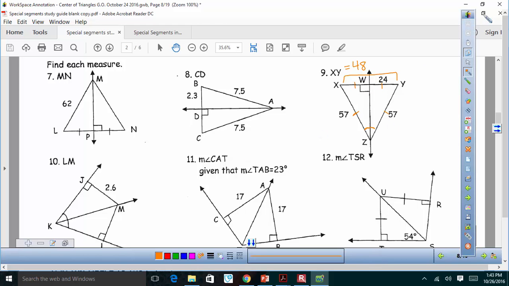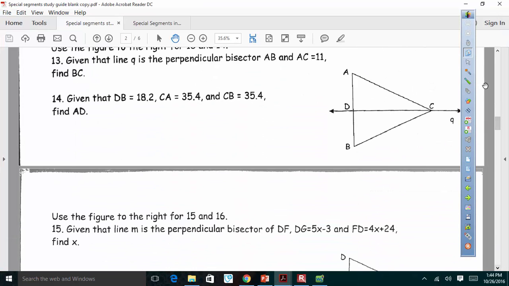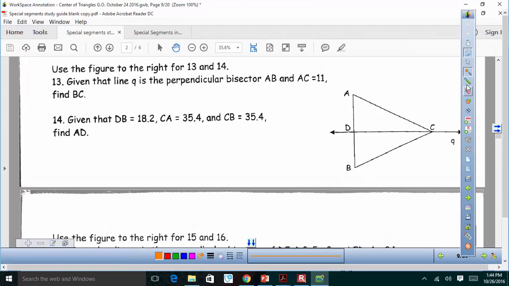Okay. And let's look at 14. Okay, so 14 says up here, given that DB is 18.2, CA is 35.4, and CB is 35.4.